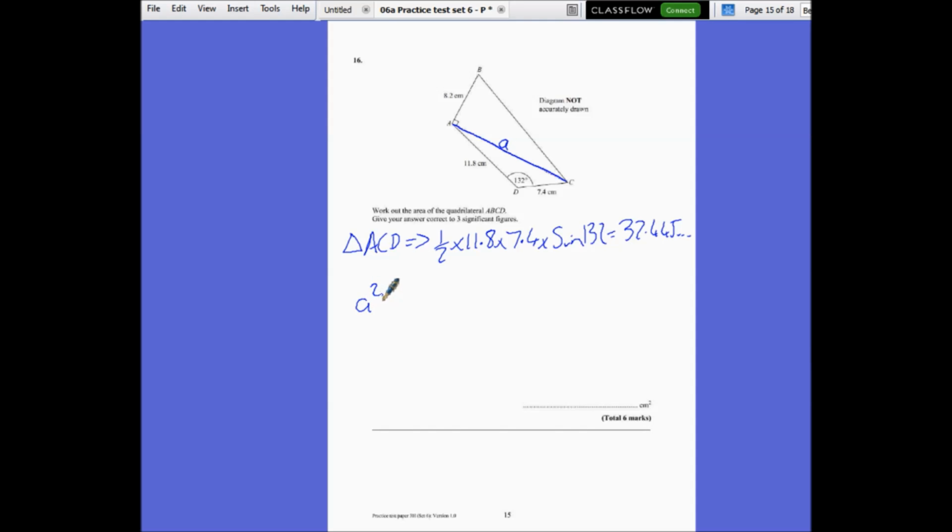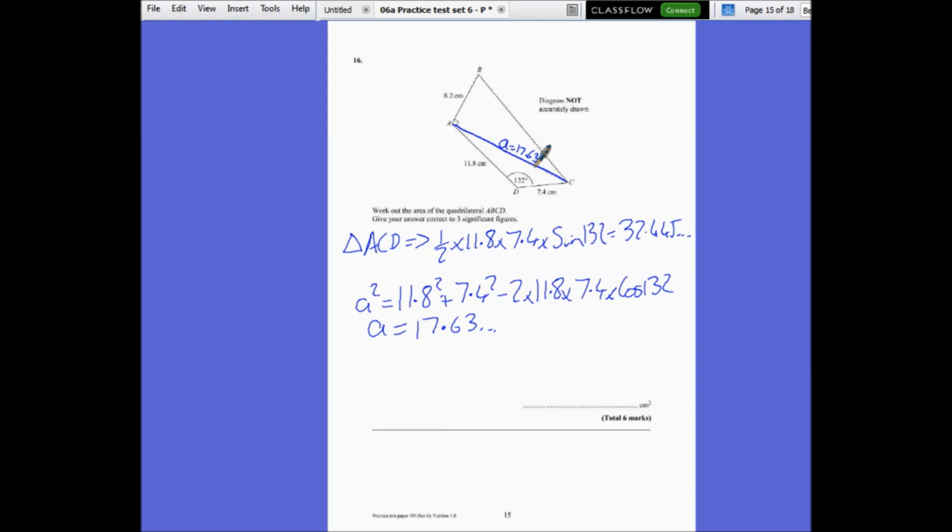And cosine rule says that A squared is equal to B squared plus C squared minus 2BC cos A. So 11.8 squared plus 7.4 squared minus 2 times 11.8 times 7.4 times cos 132. And that will give us an answer for A. If we square root that, we will get 17.63. So A would be 17.63.